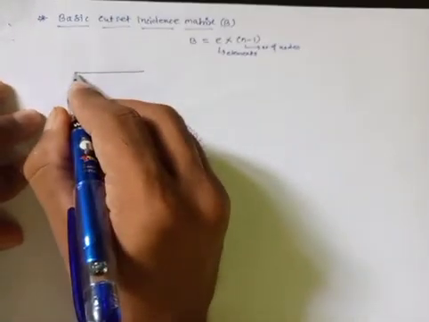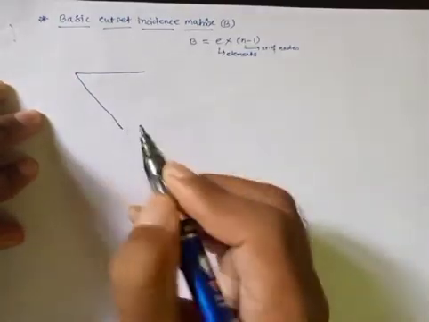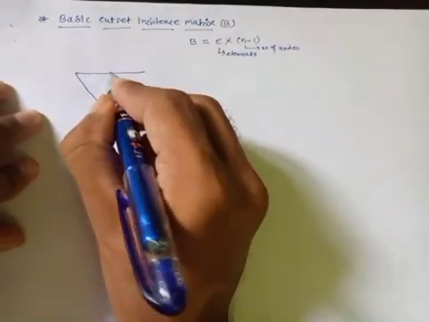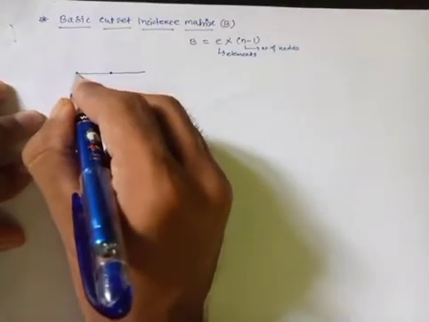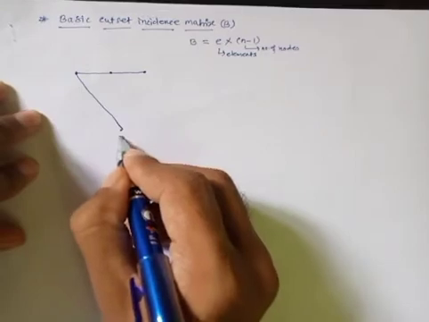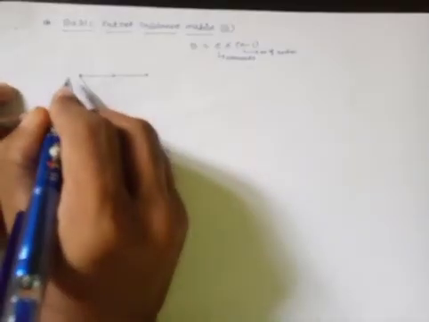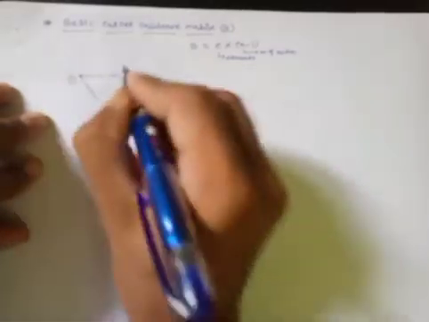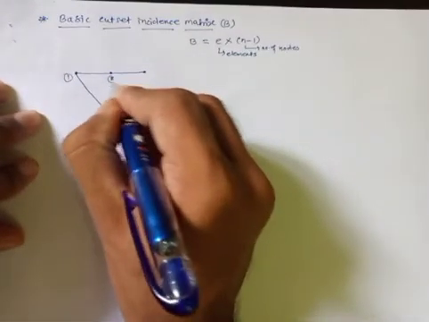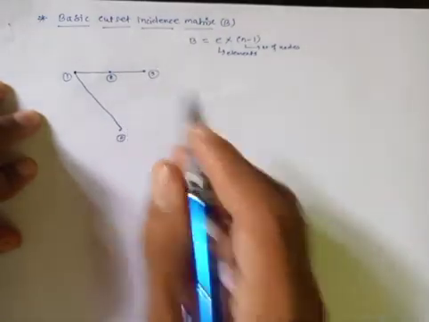So suppose this is the tree I am drawing here, which consists of 4 nodes. This is the reference node, that is node number 0, node number 1, node number 2, node number 3.